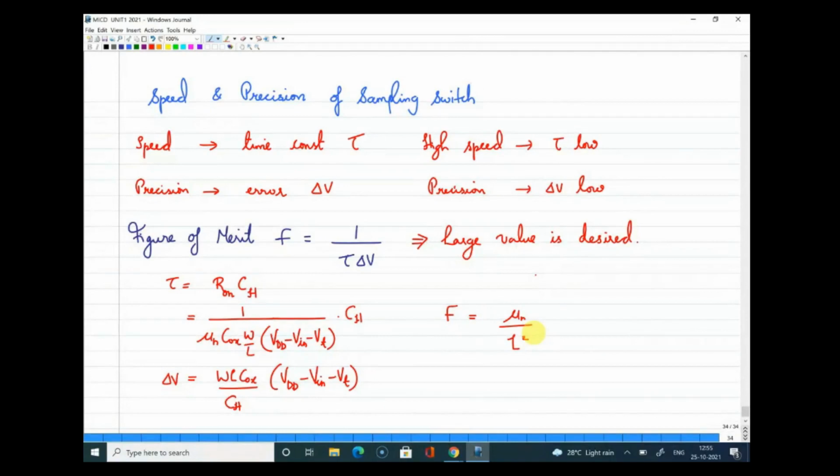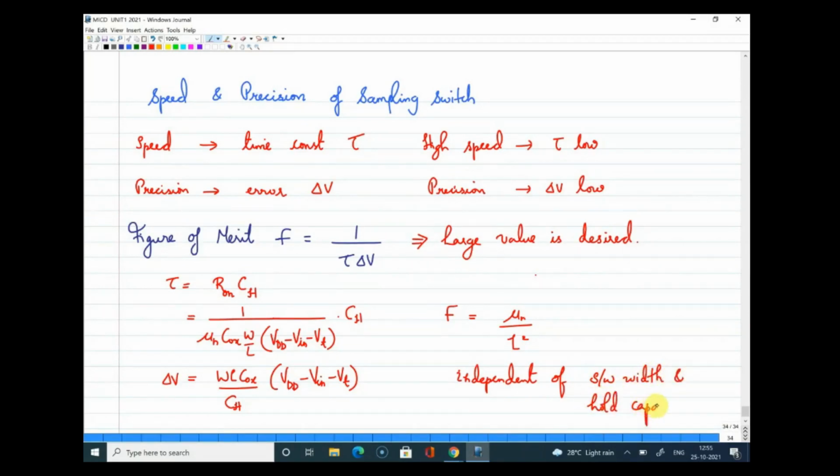So at this point, what we understood is there is definitely a trade-off between speed and precision, but at least at this point we can say that the trade-off between speed and precision is independent of the switch width and of the hold capacitor.